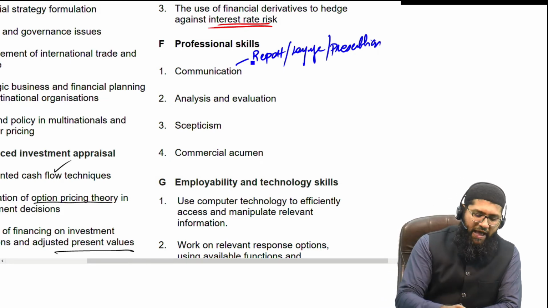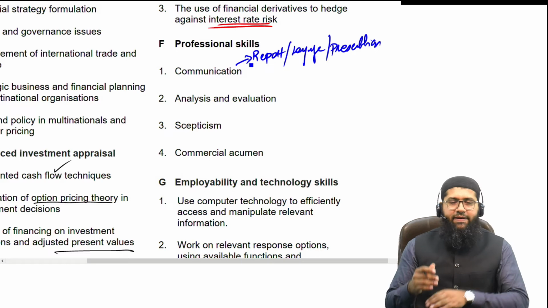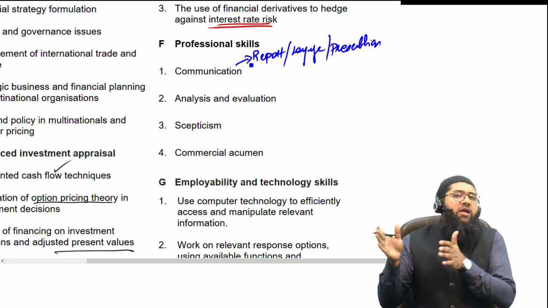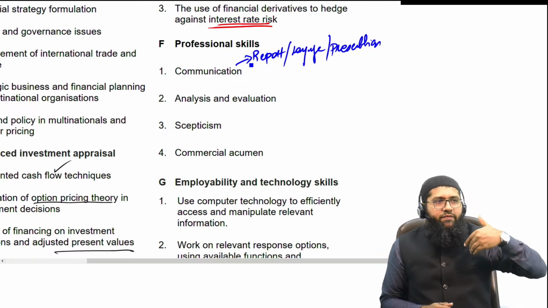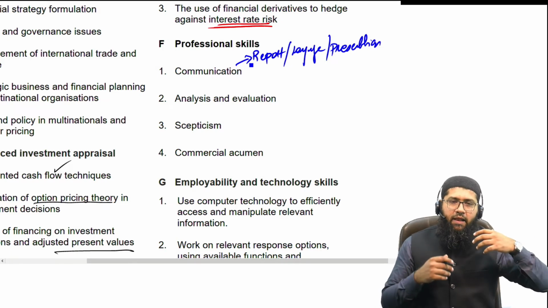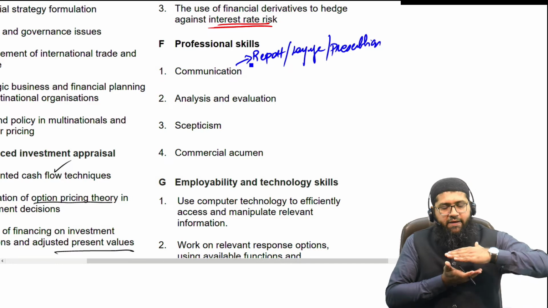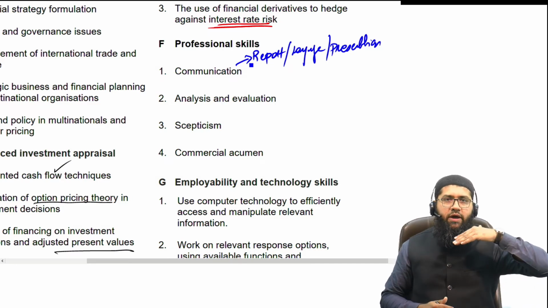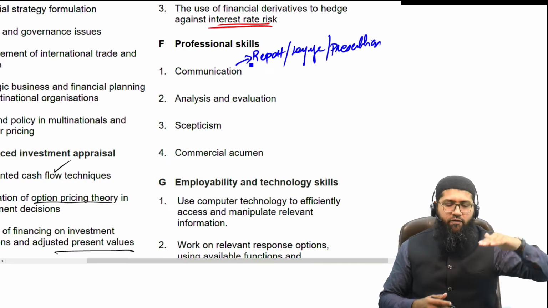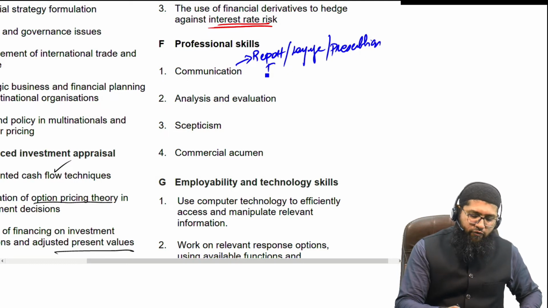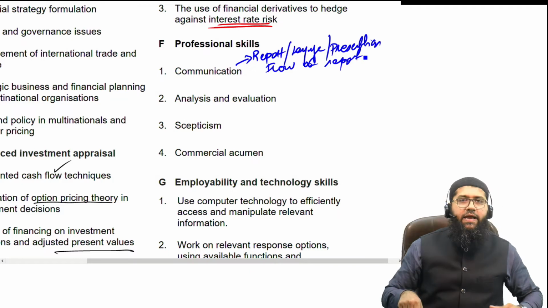So the different types of things that you are actually going to undertake would include the way you would draft a report, the professional language that you're going to use, the way you're going to present, the way you're going to have a flow of the report. So all of those things are actually going to count towards the communication skills.